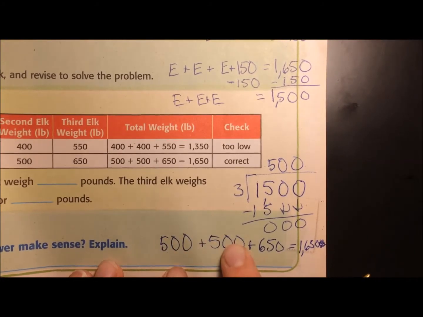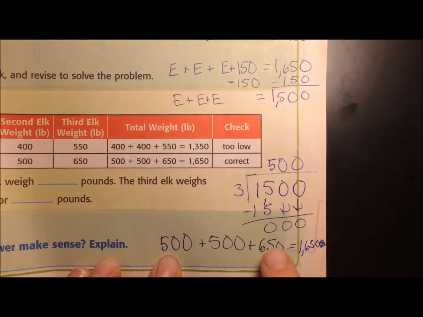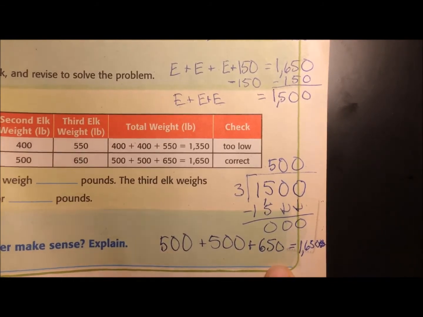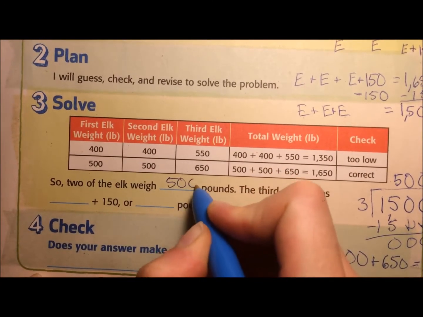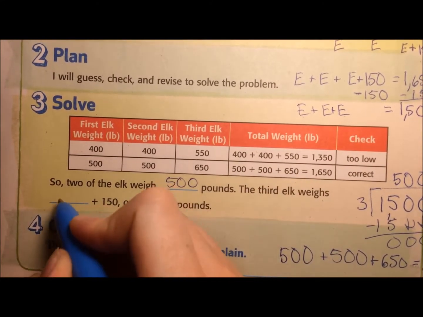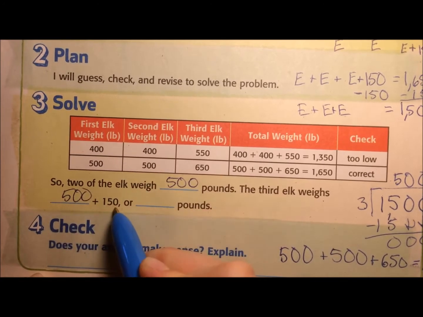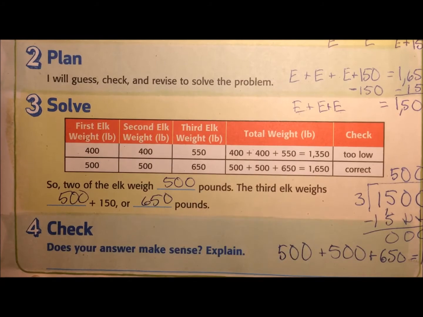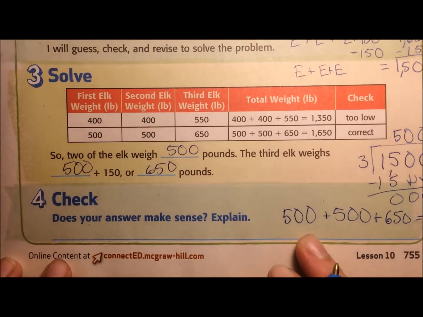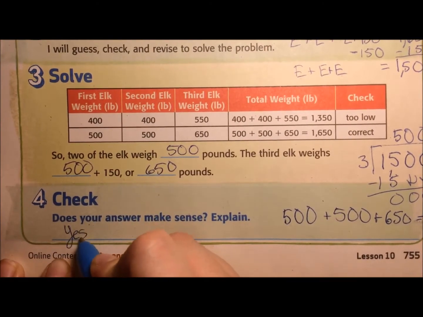Okay, so you have your 2 regular elks, the third elk that weighs just as much and has that extra weight on him. So 2 of the elk weigh 500 pounds. The third elk weighs 500 pounds plus 150, which is 650. Does your answer make sense? Yes.